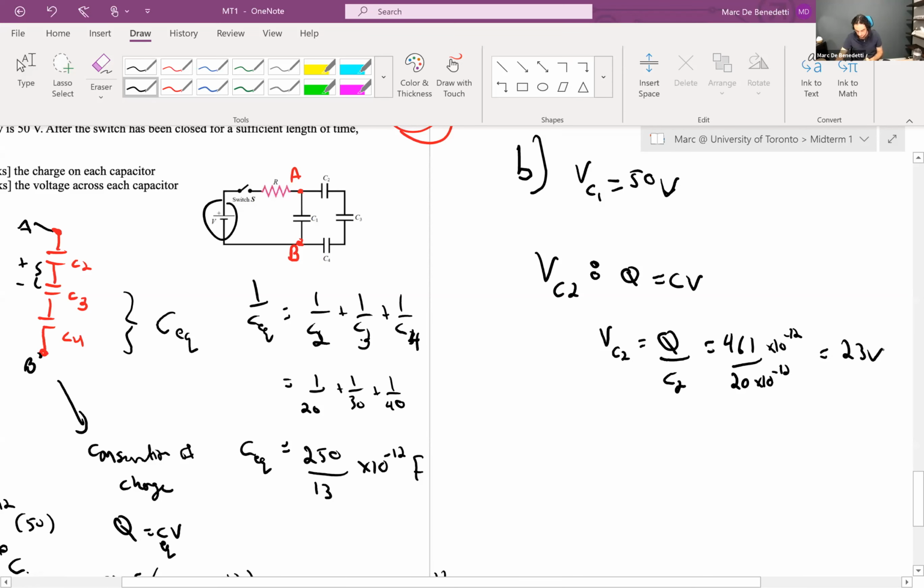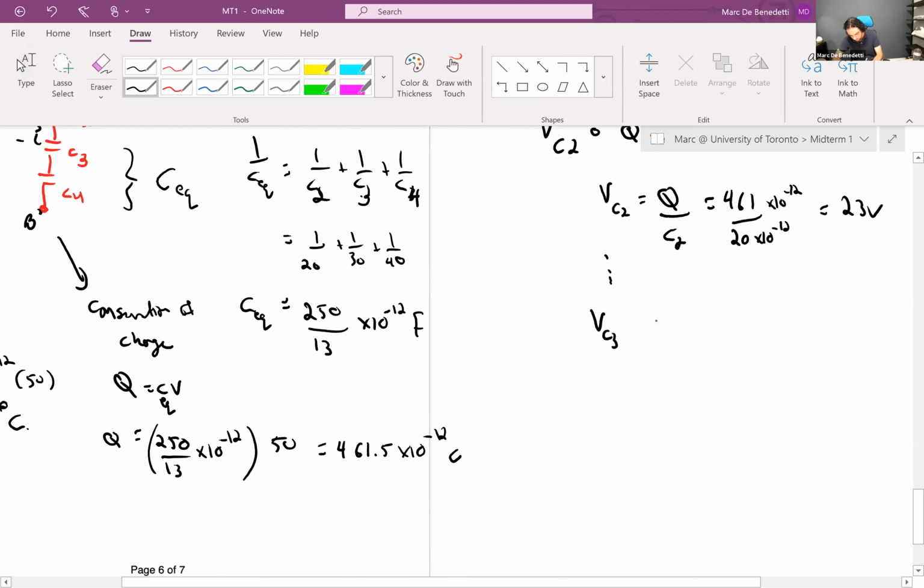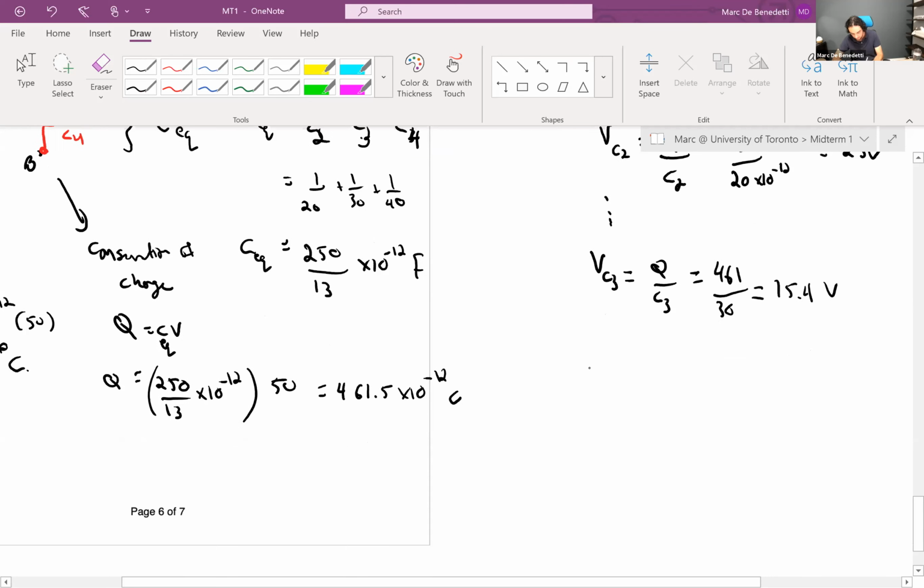And then you do the same for VC3, Q over C3, 461 divided by 30. And that's going to be, I think, 15.4 volts. And then VC4 is going to be Q over C4, 461 over 40, and I think that's going to be something like 11.5 volts.